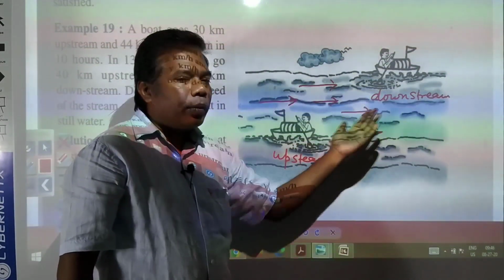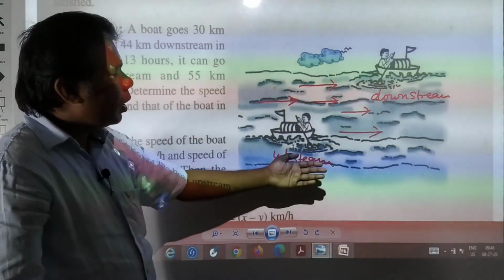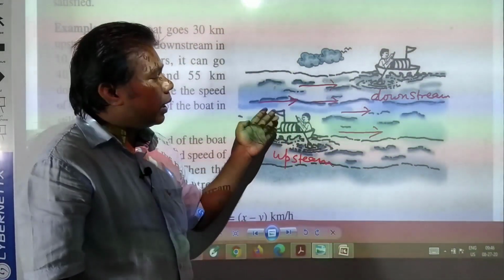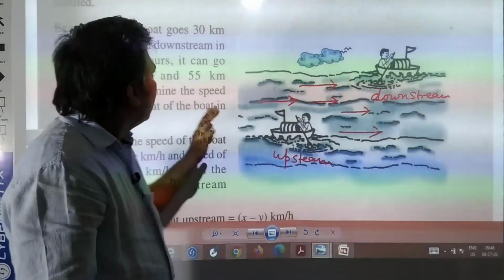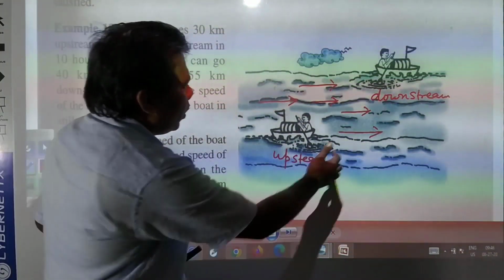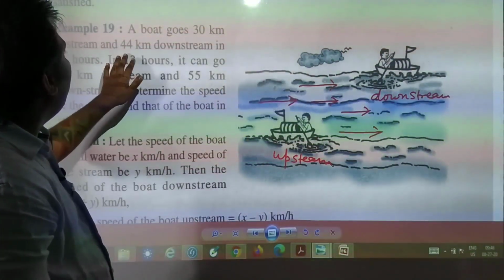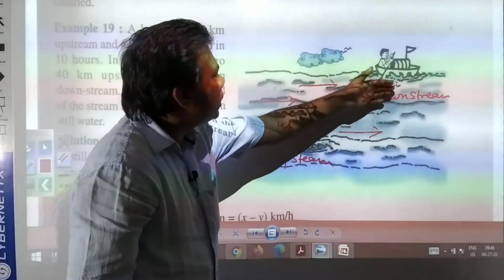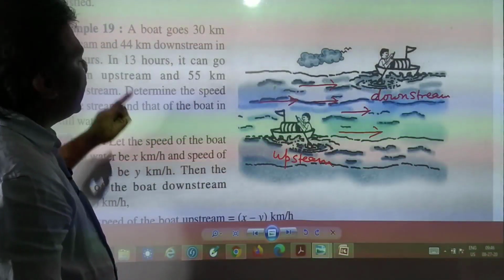And if it is just opposite, then it will be called upstream, just opposite to the direction of flow of water. So a boat goes 30 km upstream and 44 km downstream in 10 hours.